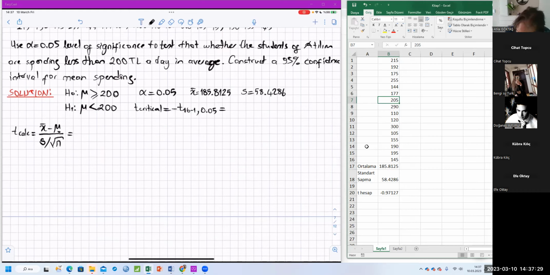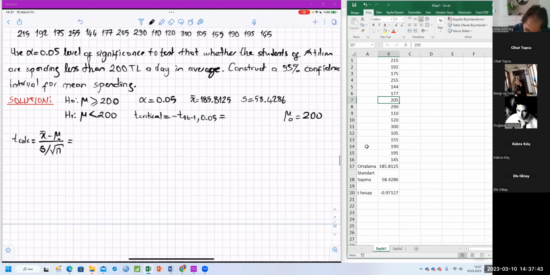So mu null is 200. I can write it there. And the critical value T15 0.05, we will check from the T table. Let me substitute the x bar and mu null. The x bar is 185.8125 minus 200, divided by 58.4286 divided by the square root of 16.